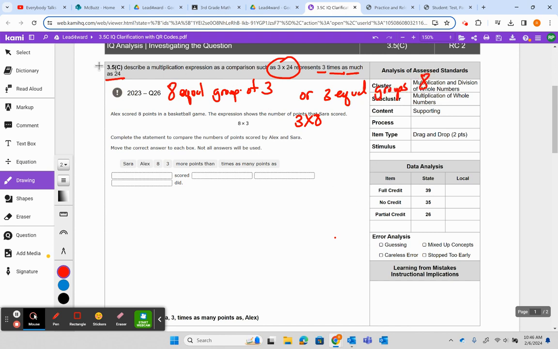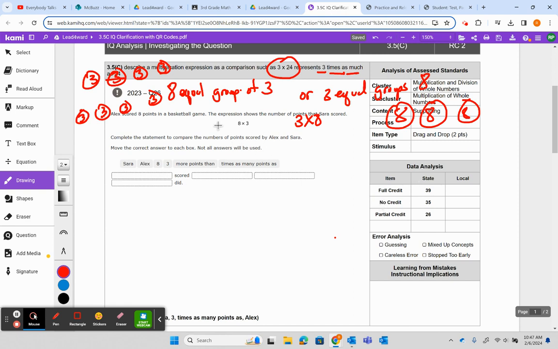So 8 groups of 3 is 1, 2, 3, 1, 2, 3, 1, 2, 3, or 3 groups of 8, which would be 8 little circles with 3 in each one. At the end of the day, the product will be the same, but the meaning is a little different, like 3 people per table or 8 people per table.